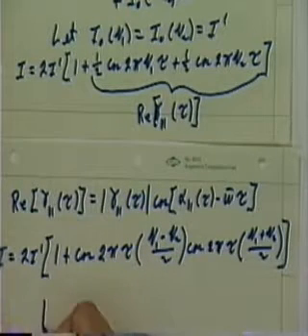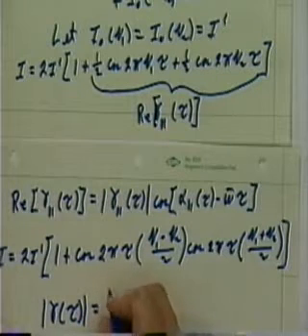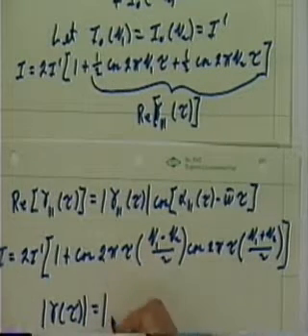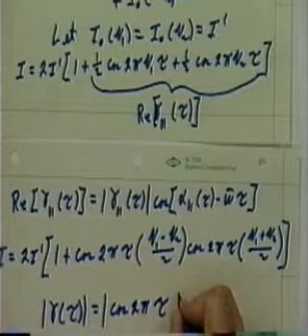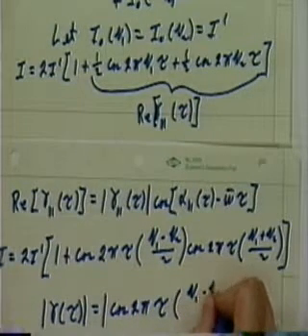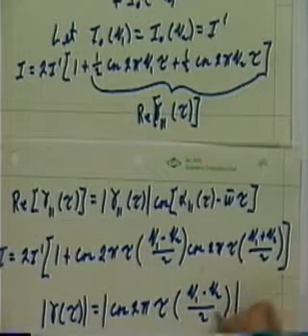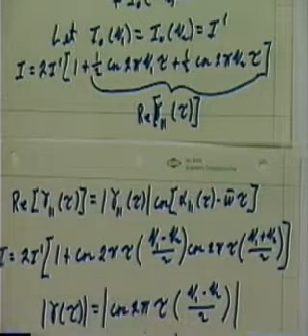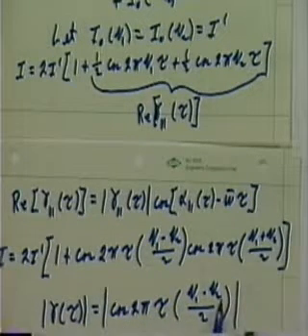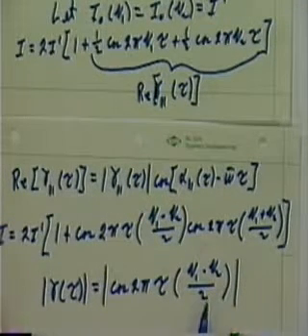And so we can say that the magnitude of gamma of tau is the magnitude of cosine 2 pi tau nu 1 minus nu 2 over 2. And it took the magnitude of that. So the coherence function here is going to go as the cosine of 2 pi tau times nu 1 minus nu 2 over 2.